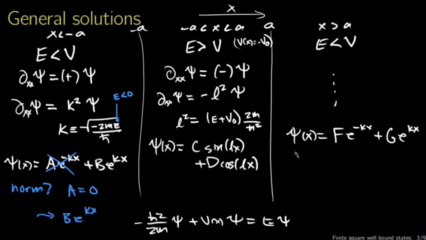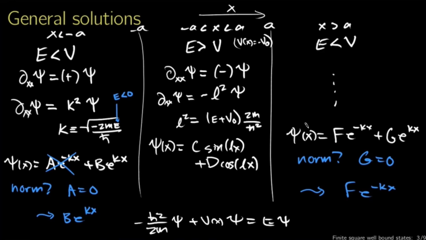Where now, if we want things to be normalizable, we have to say G is equal to 0, since e to the kx is going to blow up as x goes to positive infinity. Our overall solutions in this region are going to look like F e to the minus kx. This is our general solution for normalizable bound states for this finite square well potential.